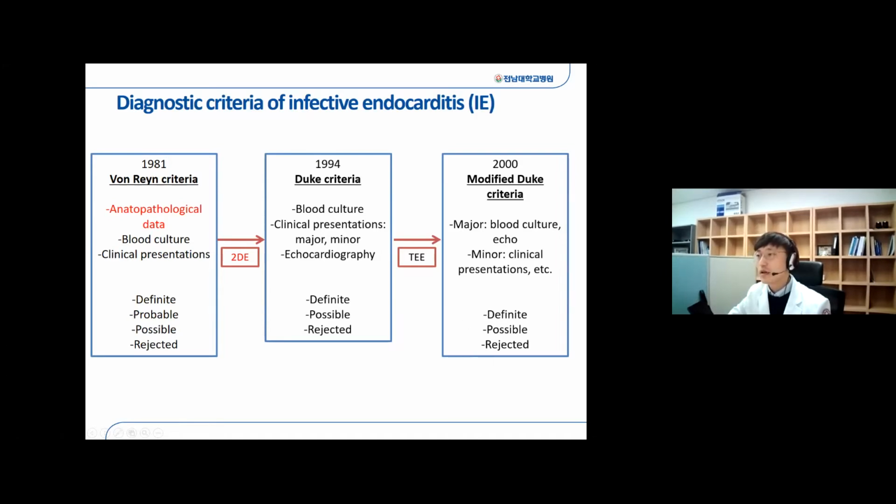And this had been the most widely used diagnostic criteria until it was modified by the European Society of Cardiology in 2015. However, the modified Duke criteria had limited sensitivity, especially for prosthetic valve endocarditis and device infection.